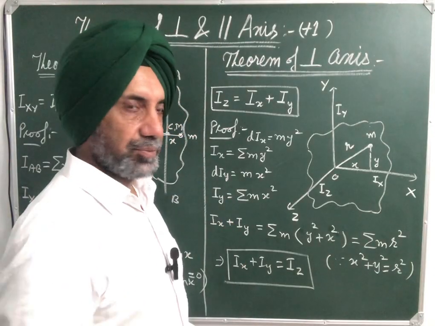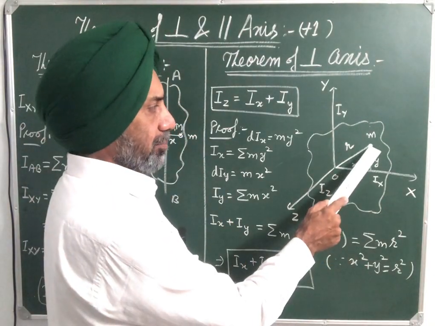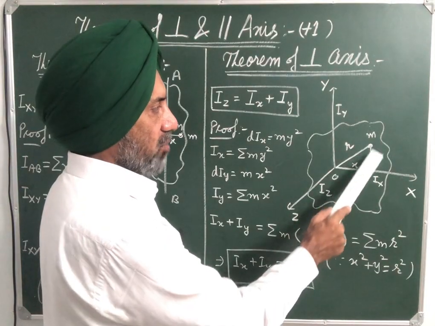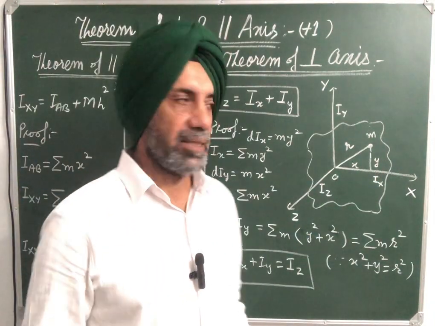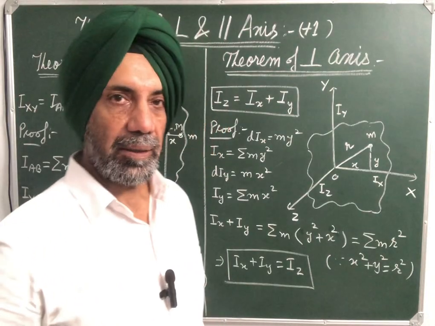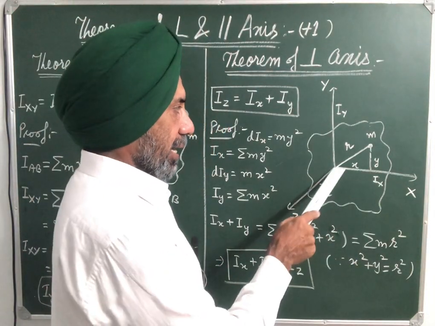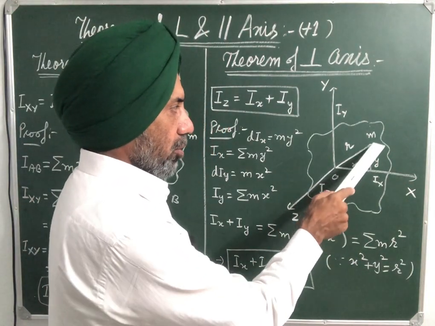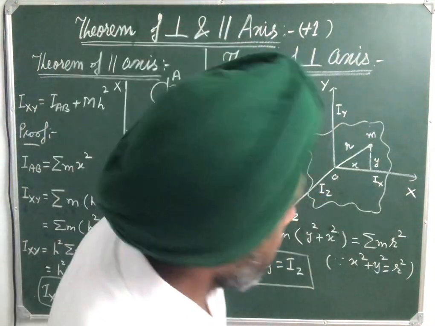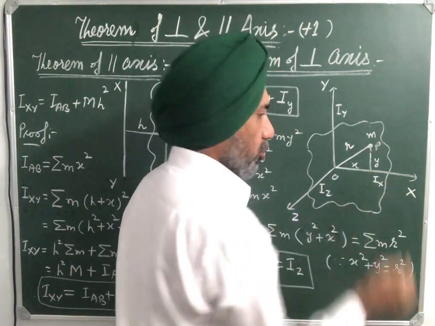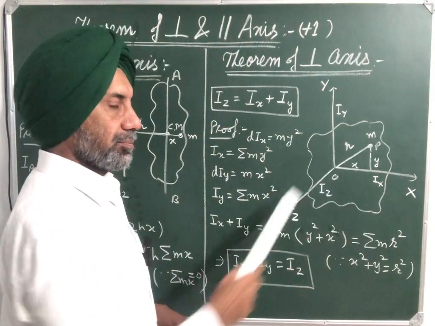Now, to prove it, suppose a particle of mass m having coordinates x, y, because it is lying in the xy plane, lies at point P, and let OP is equal to r.